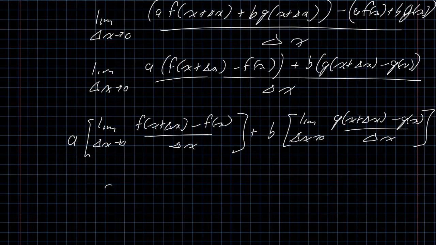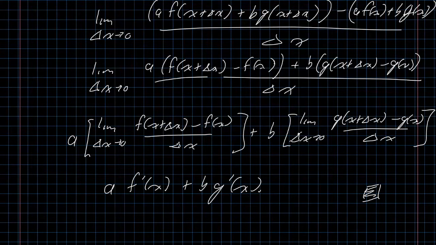And by definition, that's a times f prime plus b times g prime. That is definitely a property that we will be building on in the future, but for right now, it's just an interesting thing we can say about the differentiation operator.